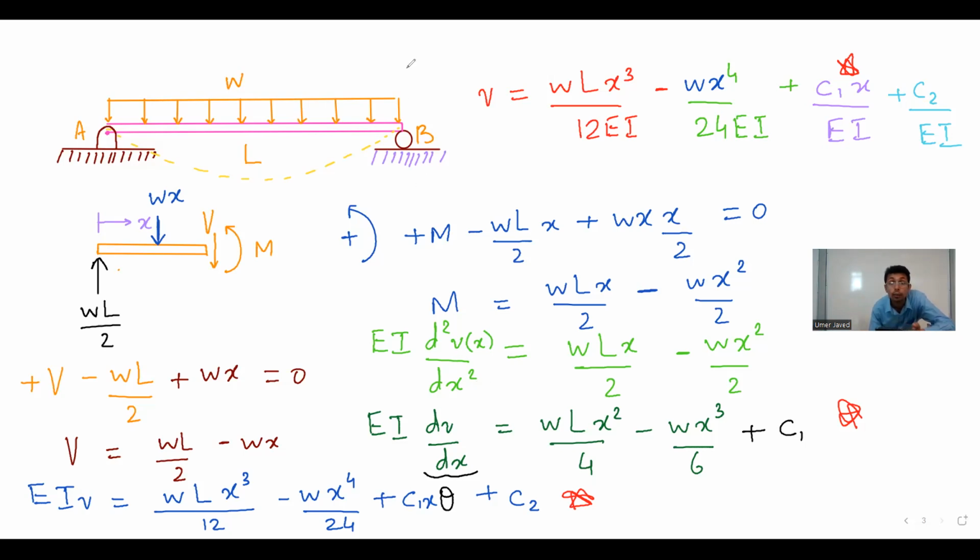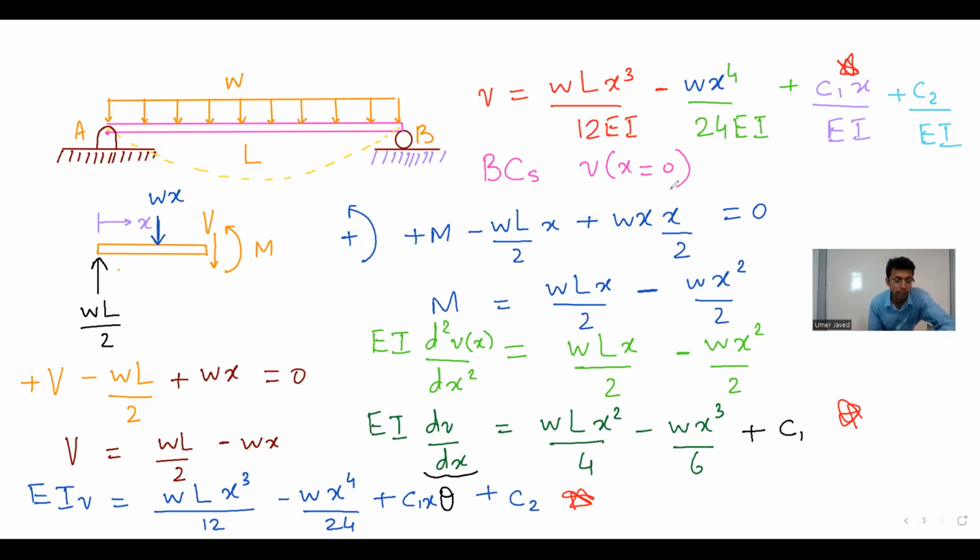Okay, anyone who can tell us the boundary conditions? Say one more time. Deflection V is 0. Good, very nice, thank you. V at x equal to 0.